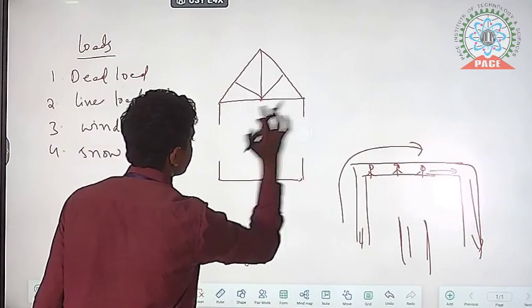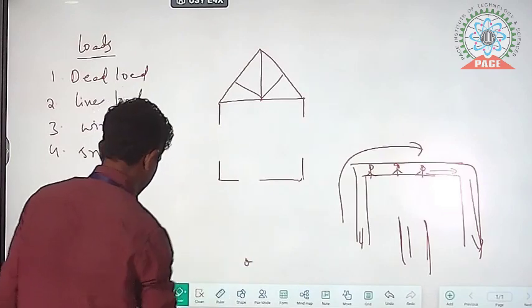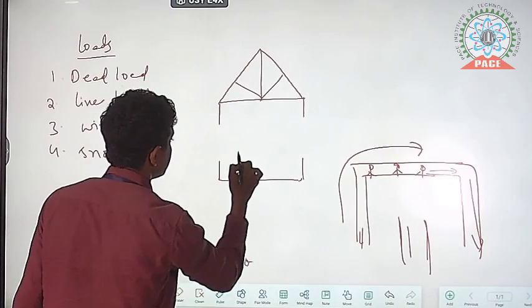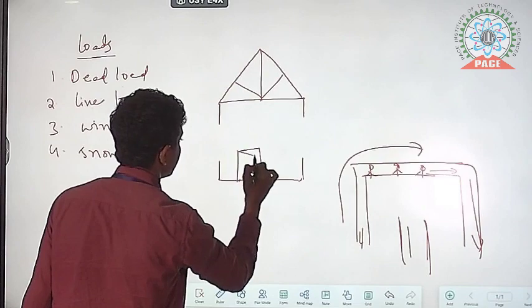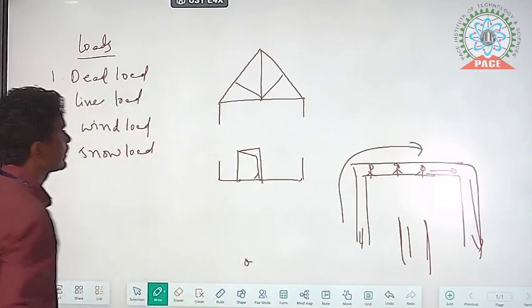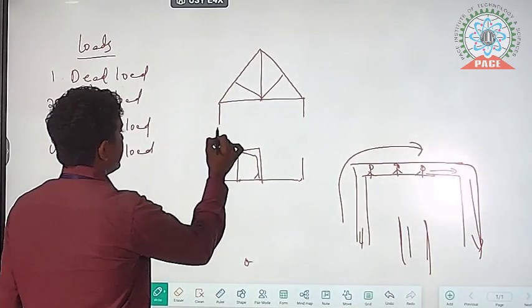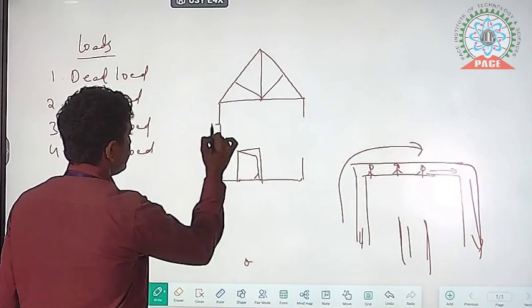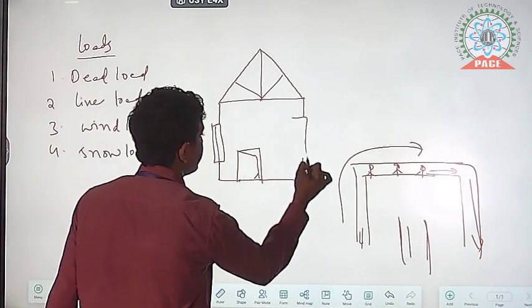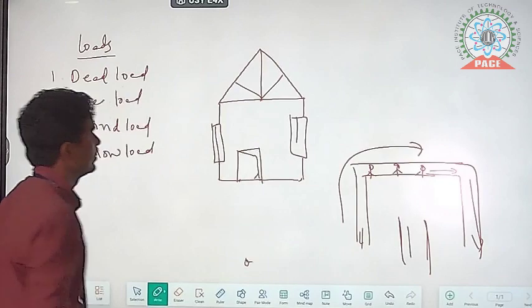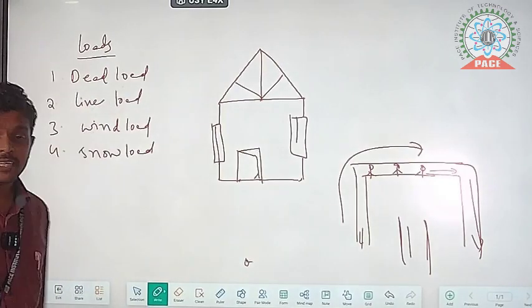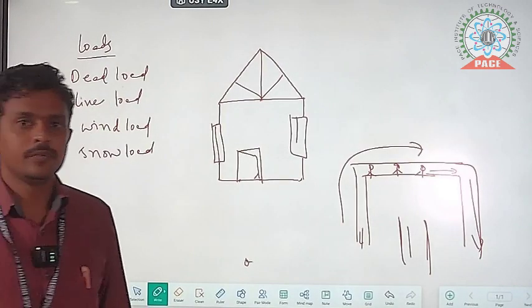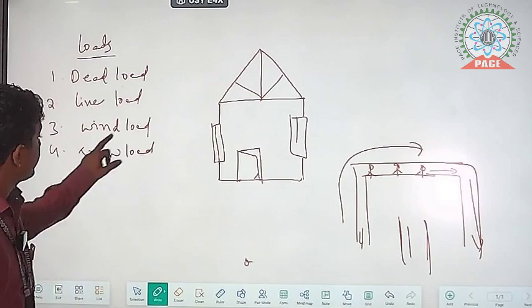Here, any window, this is also a window, this is the door. We have to take the wind load very seriously. Why? Because there is a separate code book for the wind load. We have to use that code book. Why do we have to take wind load very seriously?